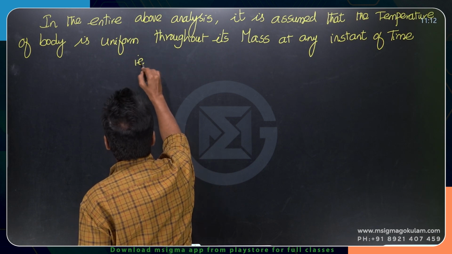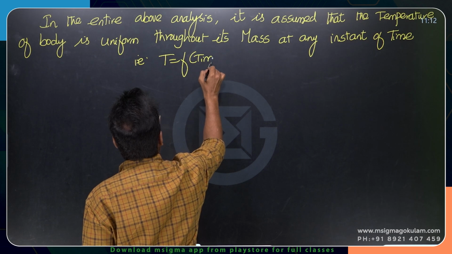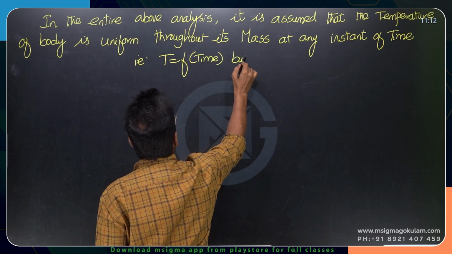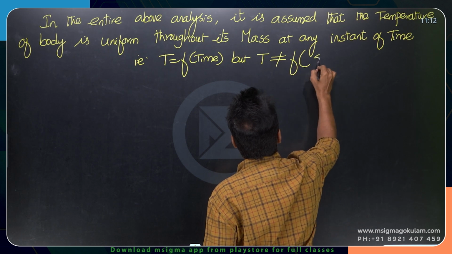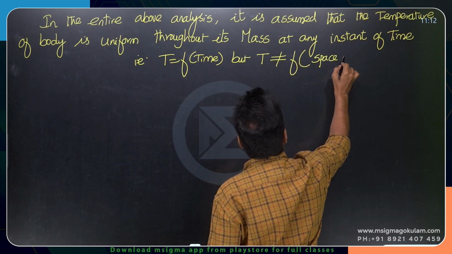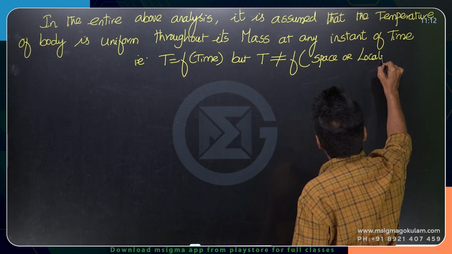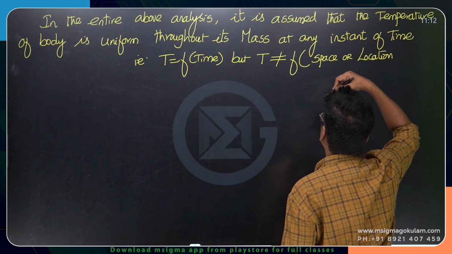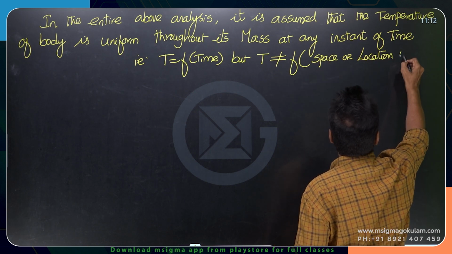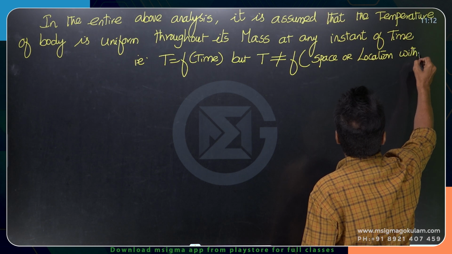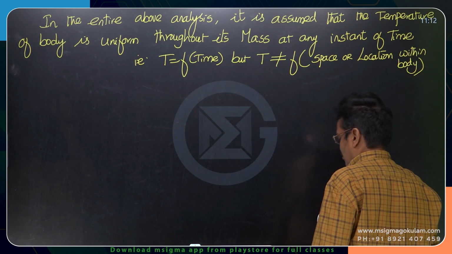That is, temperature is only a function of time, but temperature is not a function of space or location. Different locations have the same temperature. It is not a function of space or location within the body. Throughout the body, we are observing the same temperature.